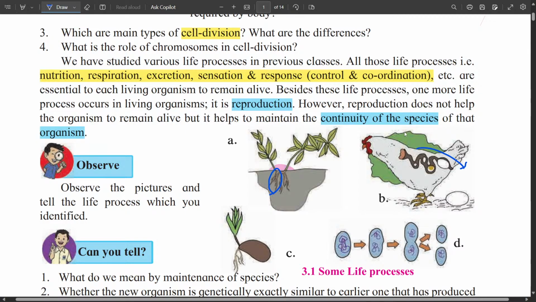In the third case you can see that the seed is germinating and the root and shoot system is being developed. In the last diagram you can see a single cell is dividing its nucleus and cytoplasm to give rise to 2 new cells. So all these diagrams represent the life process called reproduction.